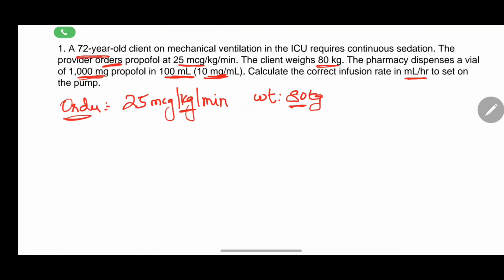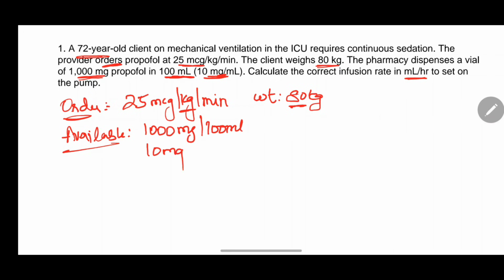So here the available dose also we have to write. Availability is 1000 milligram per 100 ml, that is 10 milligram per ml. Then we have to find out the infusion rate in ml per hour.